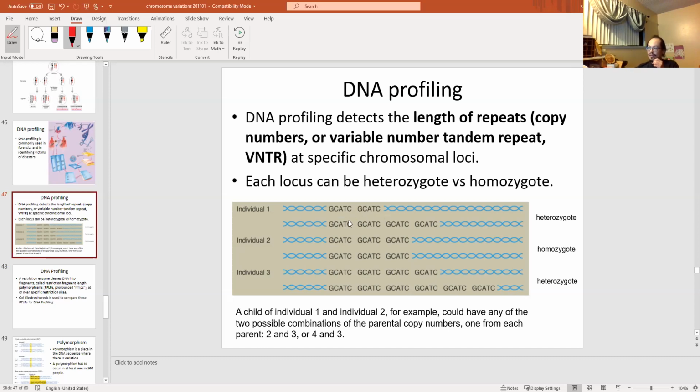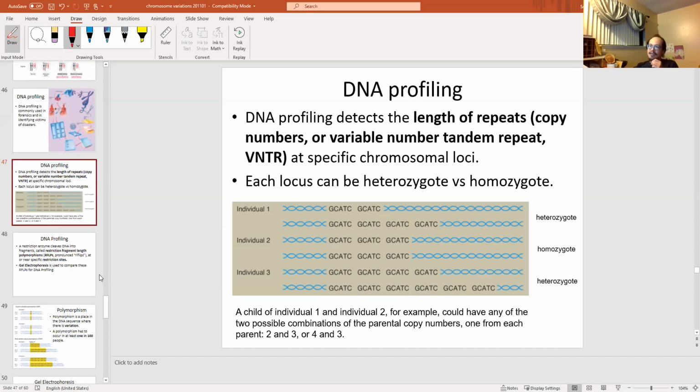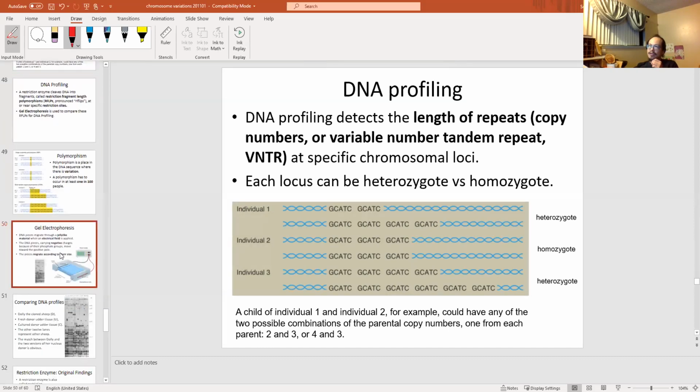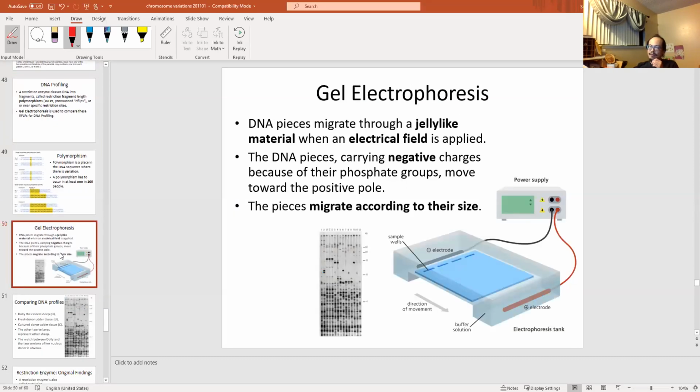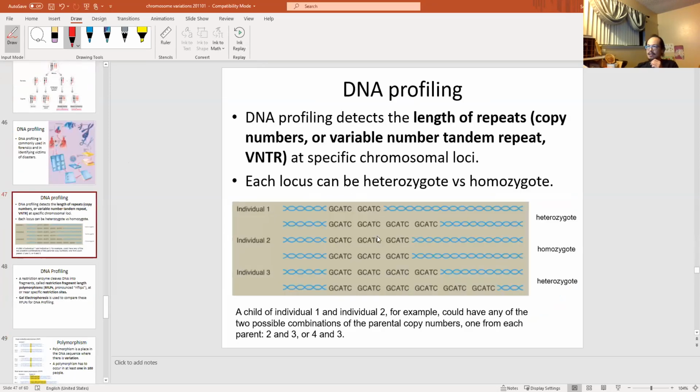This one weighs 2, this one weighs 4, this one weighs 3, right? Or the way we do it is using gel electrophoresis. For example, we cut it, right? We first need to identify this site, and we can do that, and we cut it.